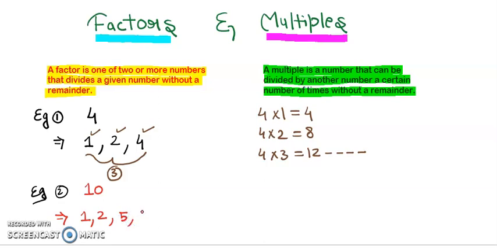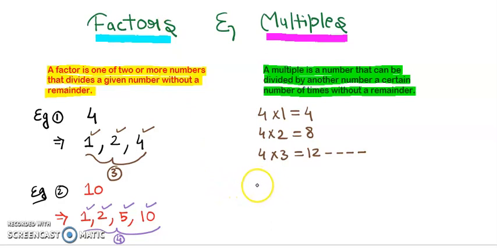And even in the table of 10, 10 ones are 10. So finally we have found 4 factors of 10, that is 1, 2, 5 and 10. So we have obtained a total of 4 factors.